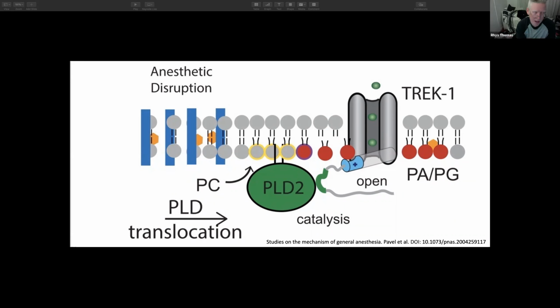It breaks down the phosphatidylcholine and generates this phosphatidic acid, apparently, which are those dots in red, and then it binds to the channel along with the PLD2 and opens this channel. And this TREK1 channel is a type of potassium channel, and that segues nicely into the next topic.